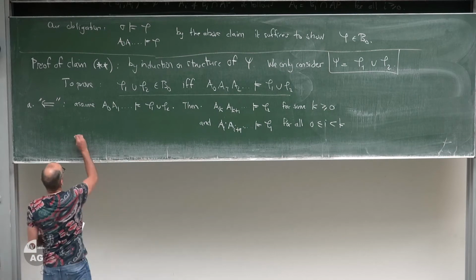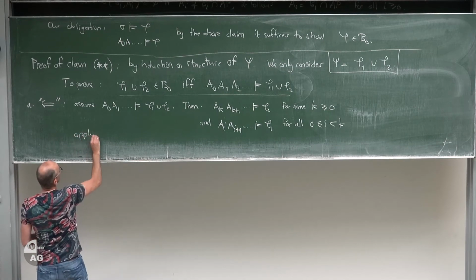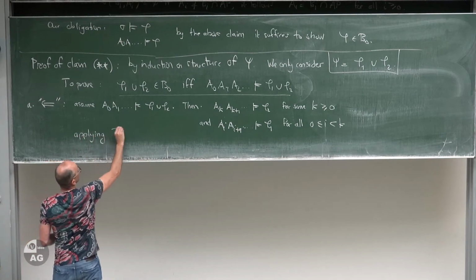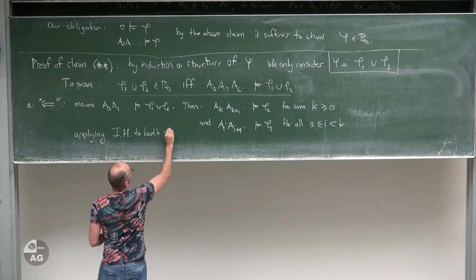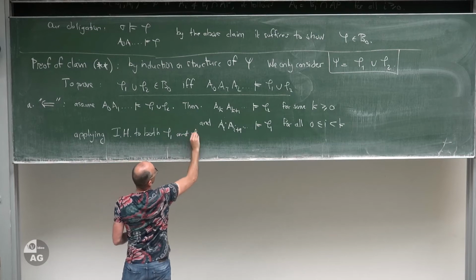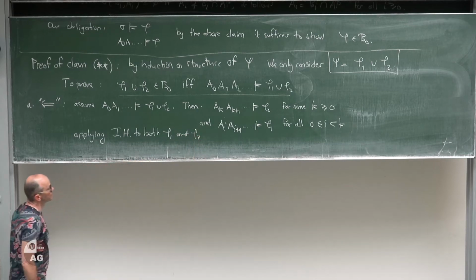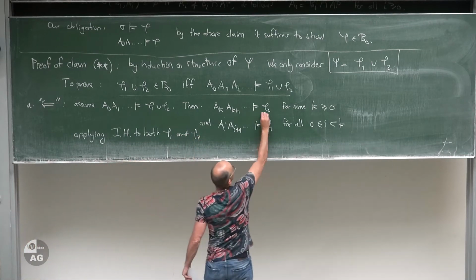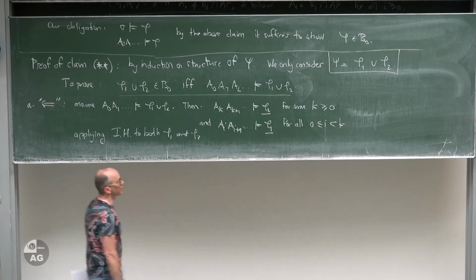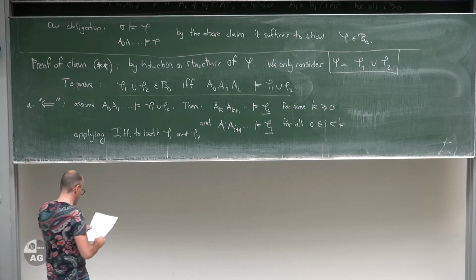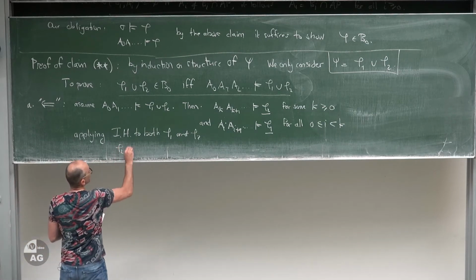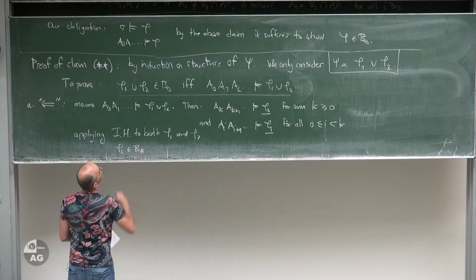Now you apply the induction hypothesis to both phi 1 and phi 2. Because here I have something which is a part and this is a part, so now I can apply the induction hypothesis. And this gives me that phi 2 belongs to B_k.